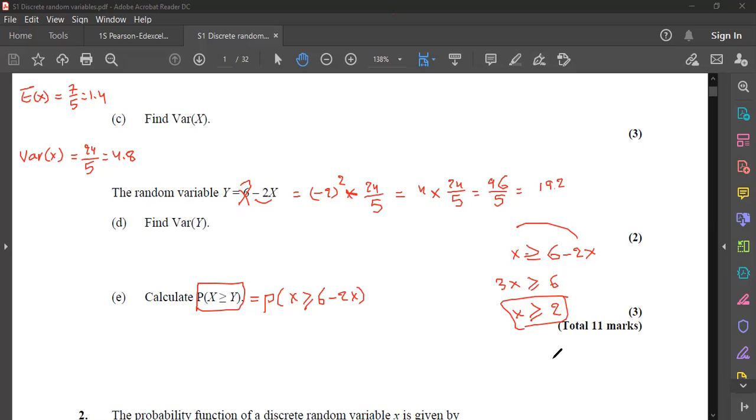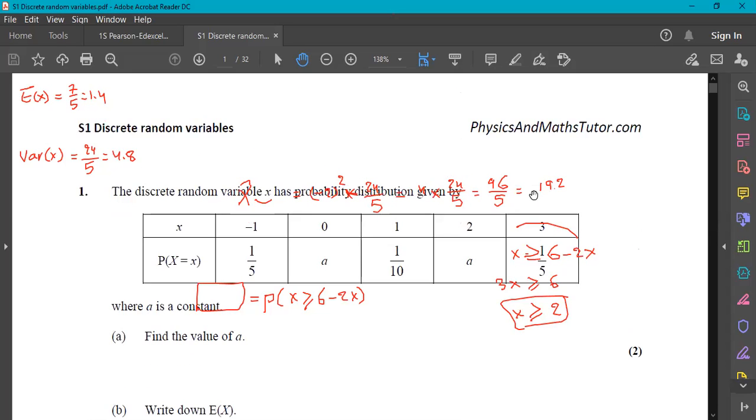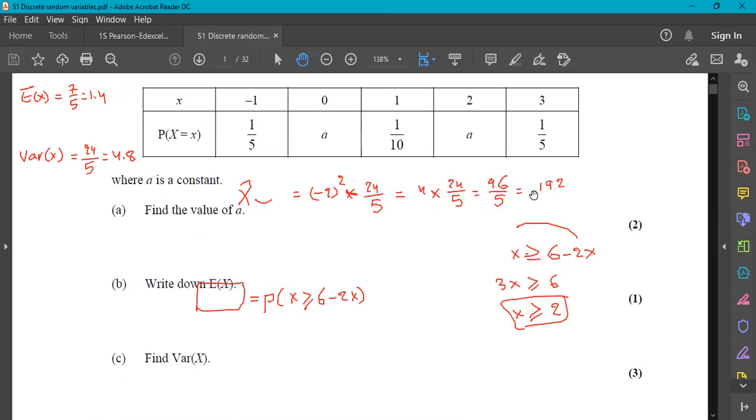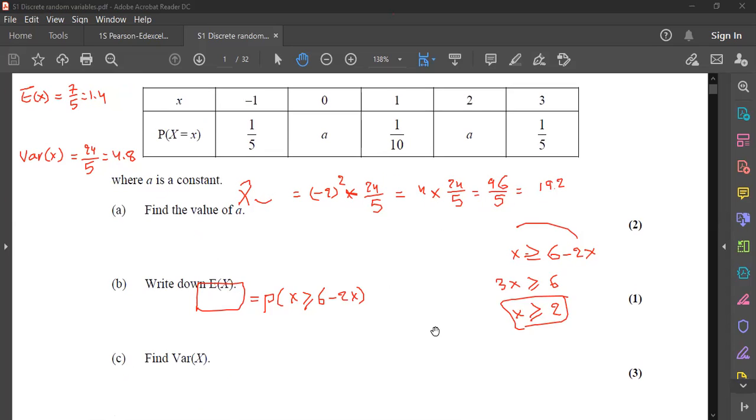So we are looking for the probability for x greater than or equal to 2. Let this be in blue. X greater than or equal to means it's the addition.